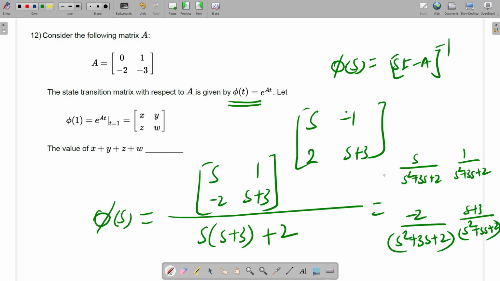Can we factorize this one? Is it possible? What is the method? I'll explain the method here. We'll factorize this one and take the inverse Laplace. S square plus 3s plus 2 will be, I think, s plus 1, s plus 2. Correct?